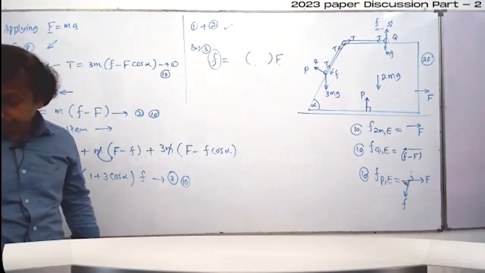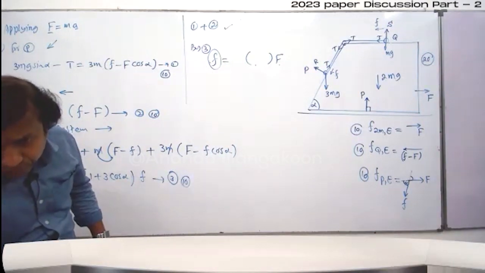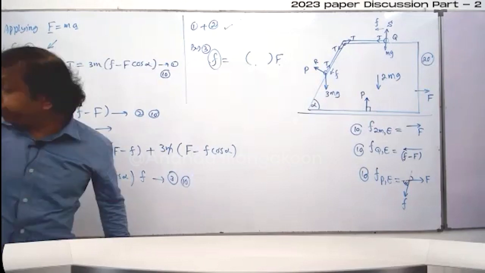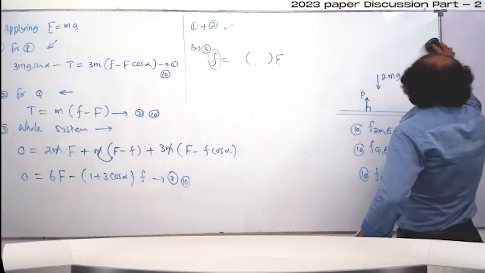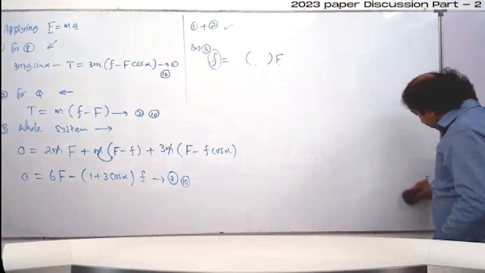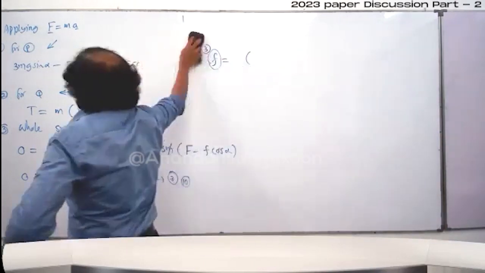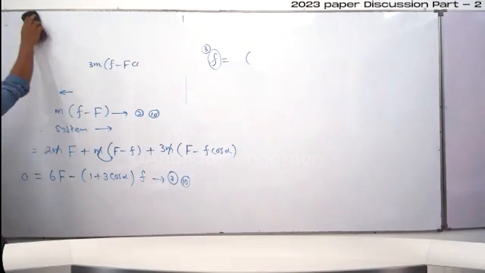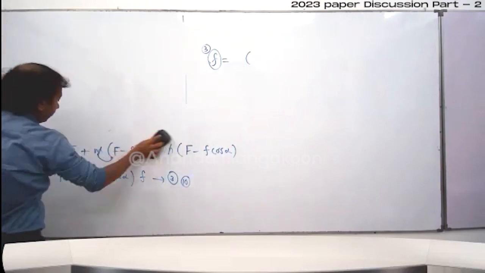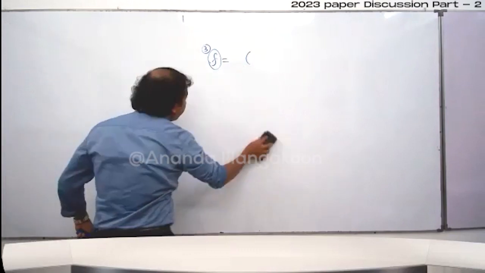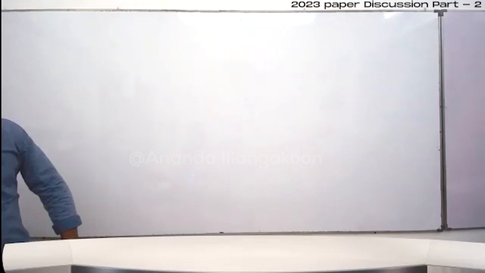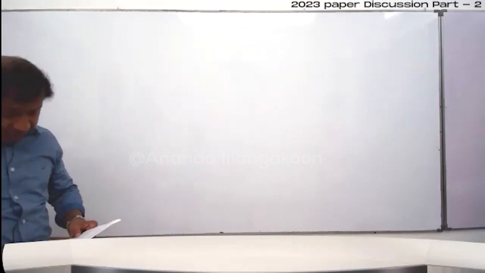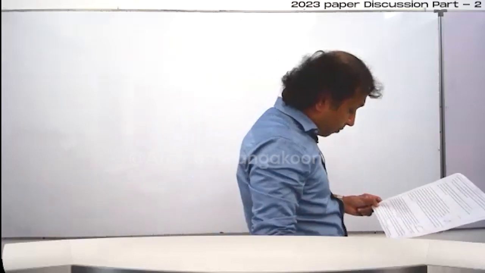Question number 6. A smooth hemispherical ball of radius r rests on a smooth horizontal table.